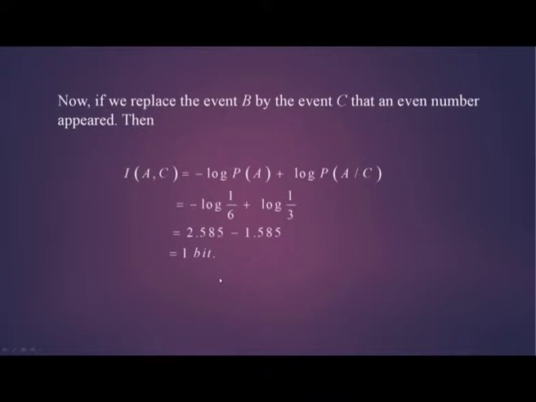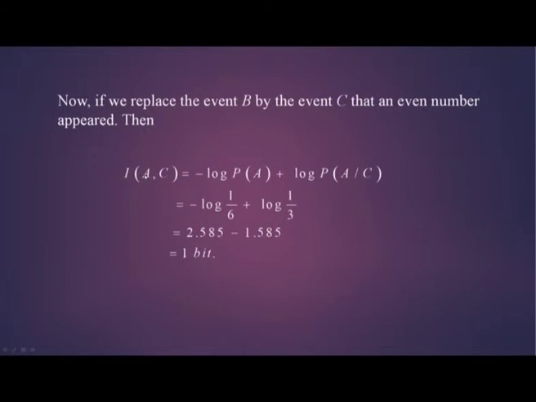B is replaced by C. So, we have to find I(A,C), and that is equal to minus log probability of A plus log probability of A given C. Minus log probability of A is the same, that is minus log 1/6, plus, now what is probability of A given C?